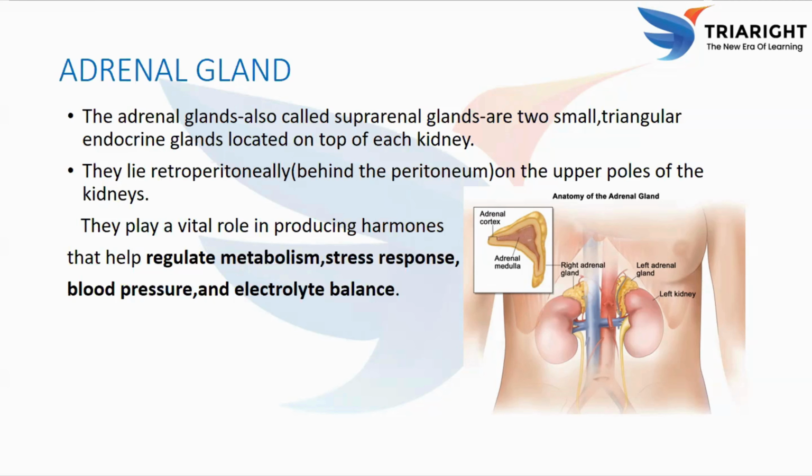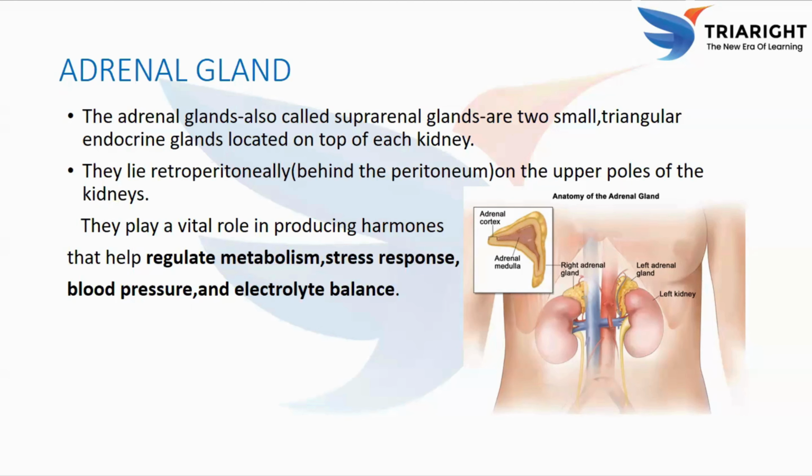Now, how is blood supplied to the adrenal glands? Arteries. The superior suprarenal artery supplies blood from the inferior phrenic artery. Next, the middle suprarenal artery supplies blood from the abdominal aorta. And the inferior suprarenal artery supplies the blood from the renal artery.